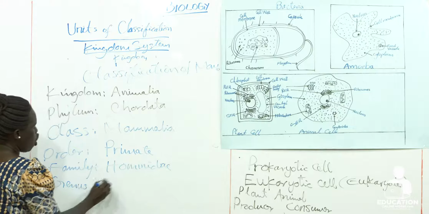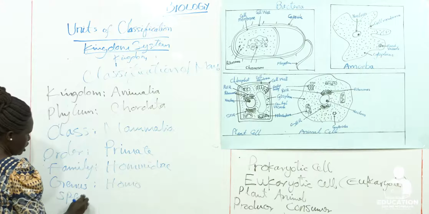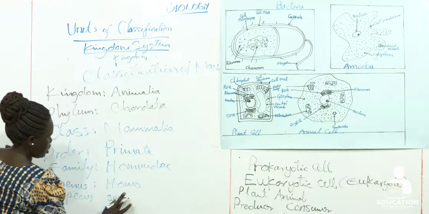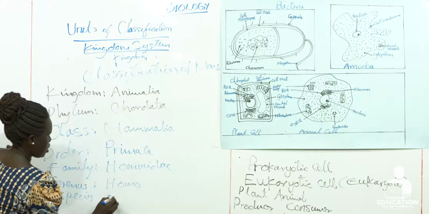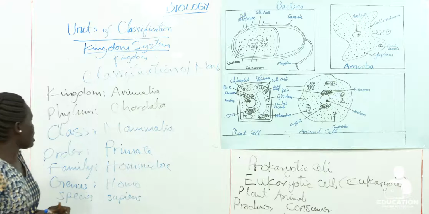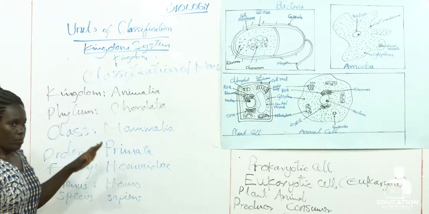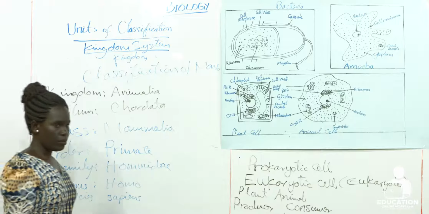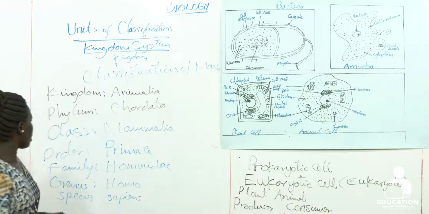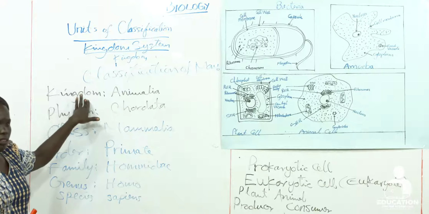Genus, Homo. Species, Sapiens. Have you seen? This is the example of classification. So in classification, you start by the largest one.